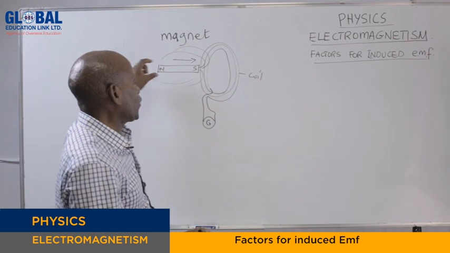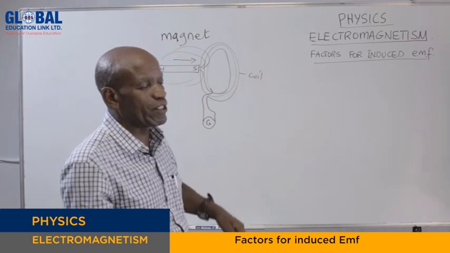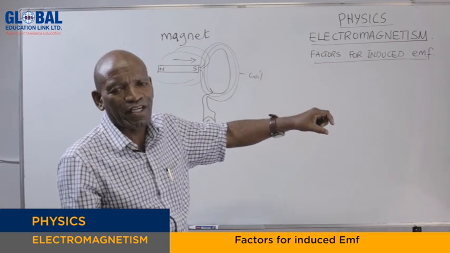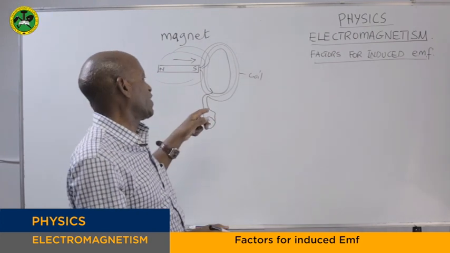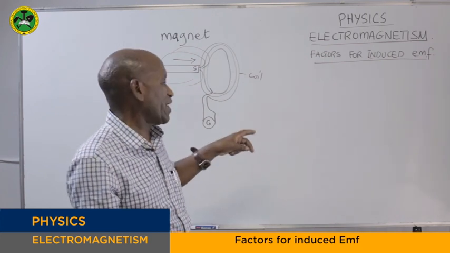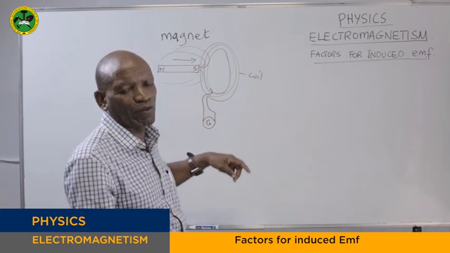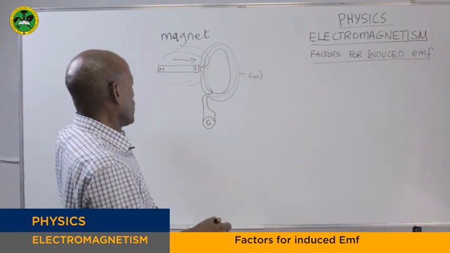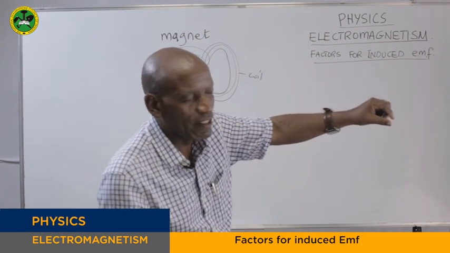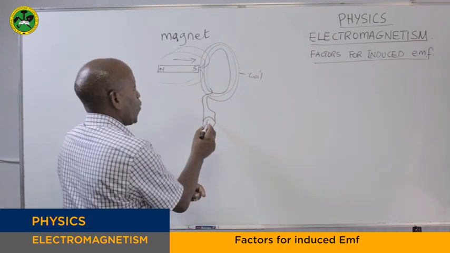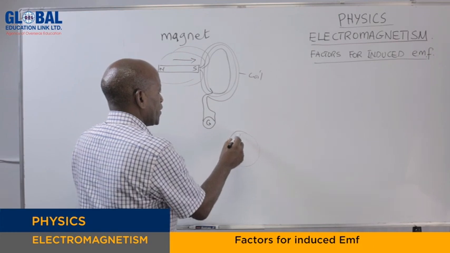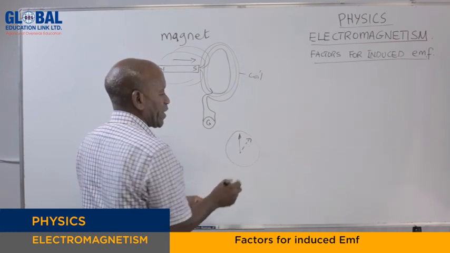Now, that induced EMF will be flowing in that coil. The direction of the motion of a magnet will dictate the direction of the induced EMF, with a small current flowing in that circuit, such that if the bar magnet is moved towards a coil, the galvanometer shows that the current is flowing in this direction.